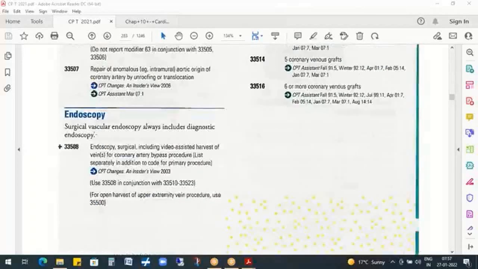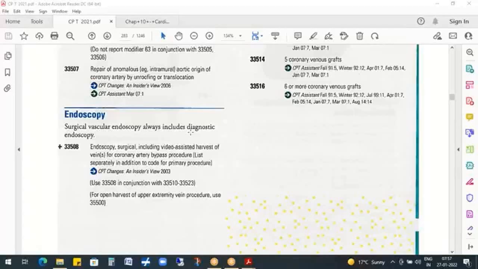You can see the code 33508, add-on code. If when harvesting, that means when you are taking that vein, you are using any endoscopy, then you need to code 33508 separately. You just mark that code 33508 add-on code.